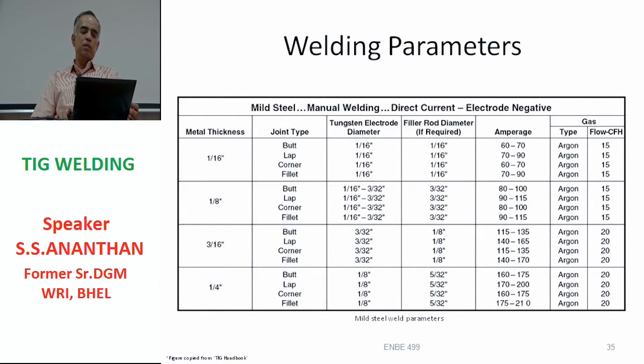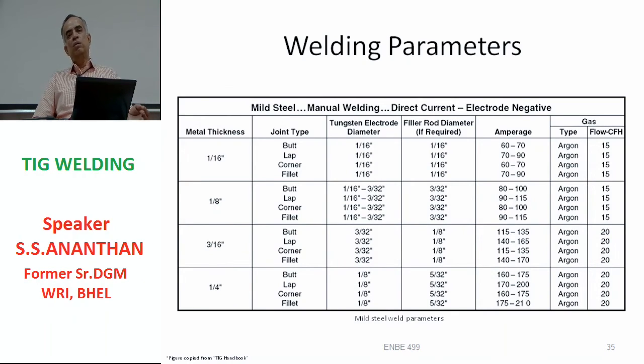Now here in the slide you see sample welding parameters. Any welding parameter guide should contain this information: metal thickness, the type of joint, whether it is a butt joint, lap joint, corner joint or T-joint, the electrode diameter being used, the filler material diameter if required, and the current to be used.